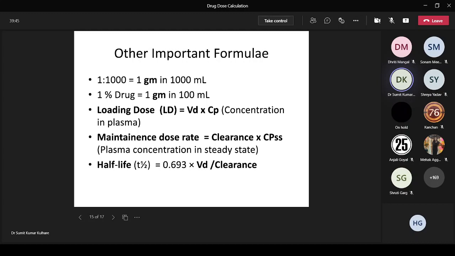If the concentration of a drug on an ampule or vial is mentioned like this, 1 is to 1000, the numerator is always in grams, while the value in the denominator is always in milliliters. So if the concentration is 1 is to 1000, that means 1 gram of that drug is dissolved in 1000 ml of solution.